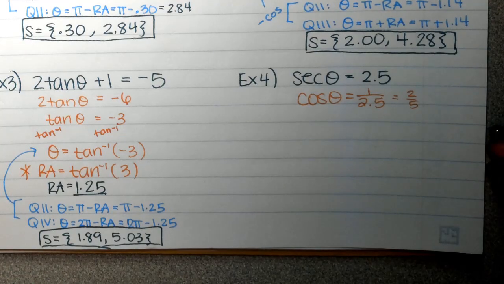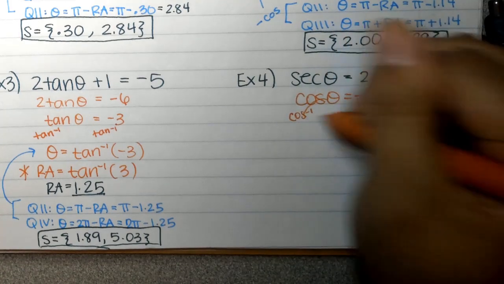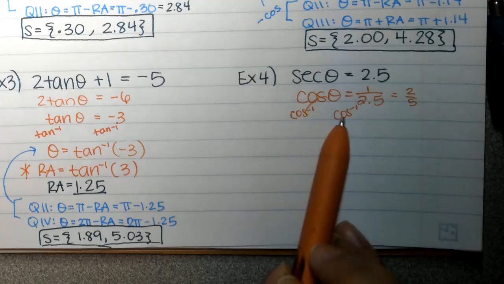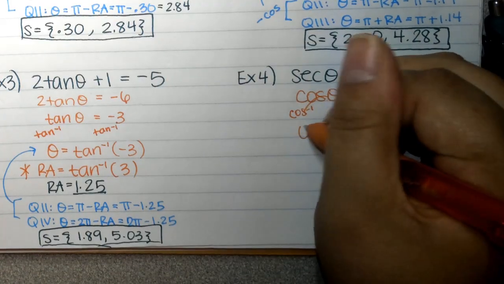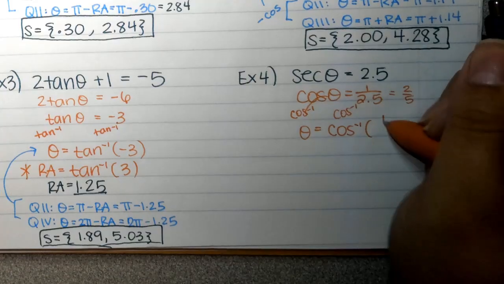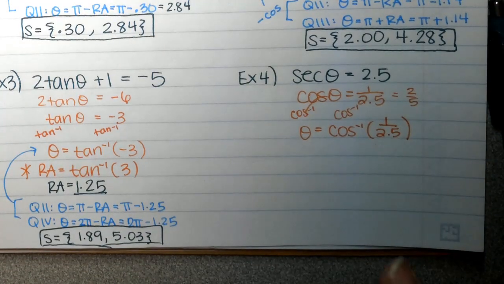Okay, how do I get theta? Inverse cosine. Please make sure you're showing doing inverse to both sides. So theta equals the inverse cosine of 1 over 2.5, or you could write 2/5, either one.